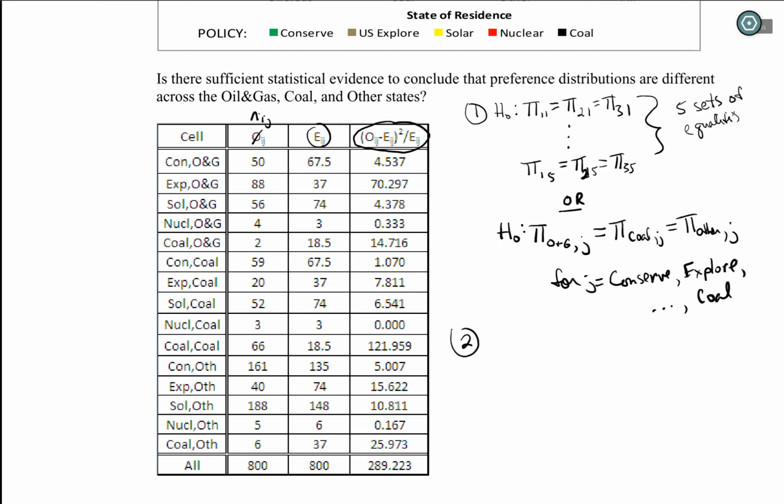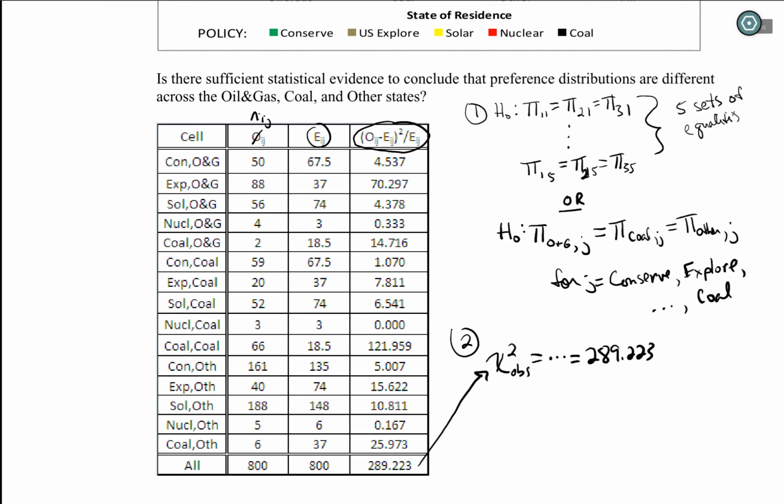And so I would add up these 15 numbers here on this last column to get my chi-squared observed. So there's a little work in here, but you can see that it's 289.223. You can verify that. So that's my observed chi-squared value.